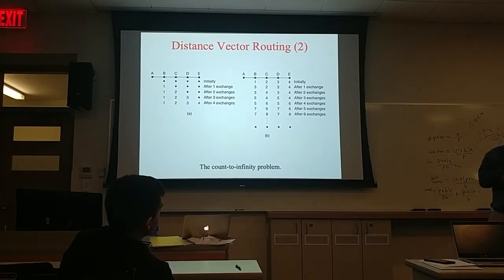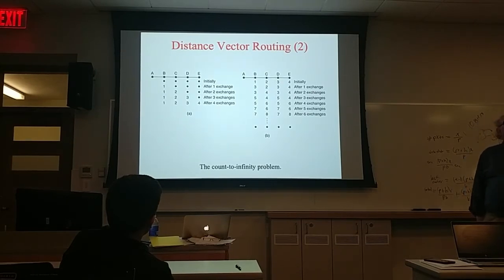So B says, okay, it's distance 1, and he propagates that off and says, I'm distance 1 from A. So C says, oh, I'm distance whatever B to C plus A is. And so on. A goes down again.